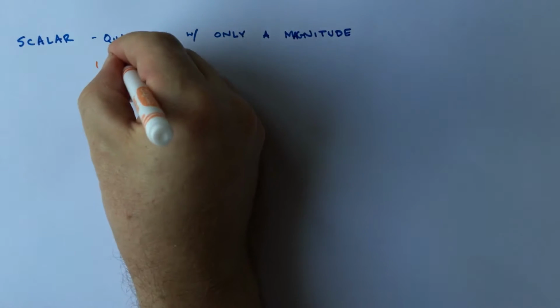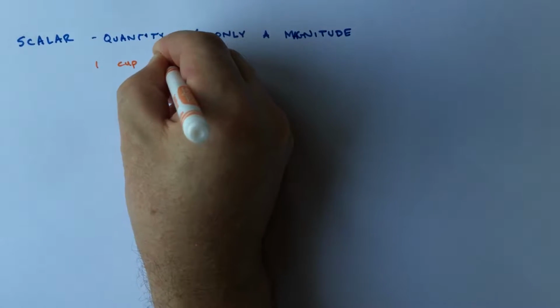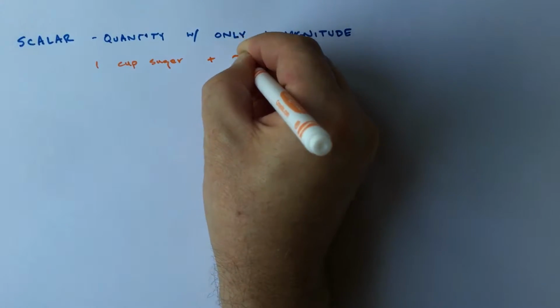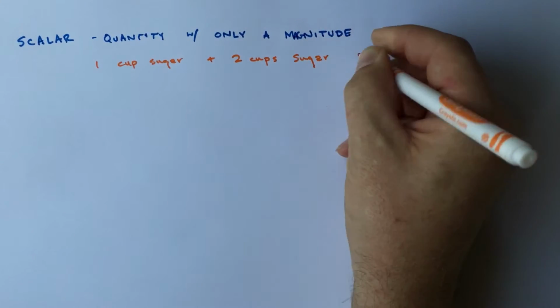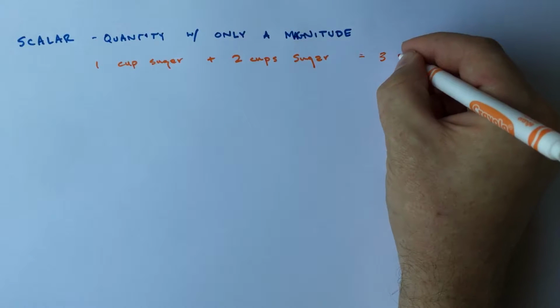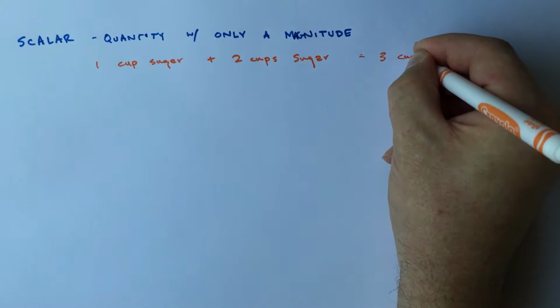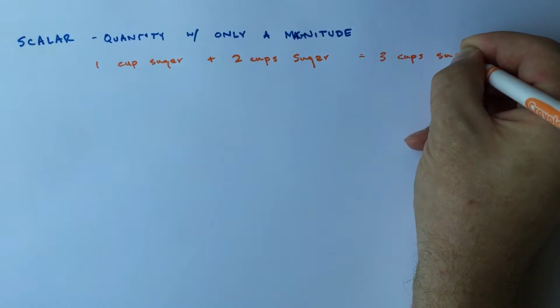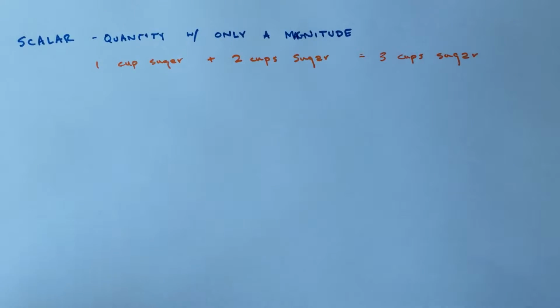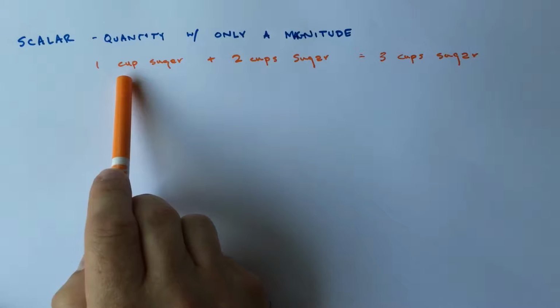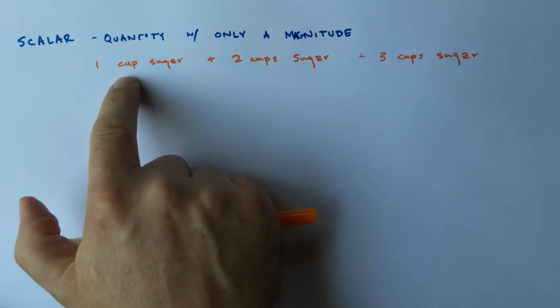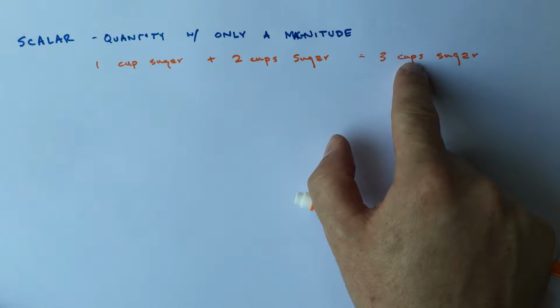So if I was to tell you that 1 cup of sugar plus 2 cups of sugar, you would know that the answer would be 3 cups of sugar. All right, so scalars are quantities like cups of sugar, and they do not have a direction, they only have a magnitude.